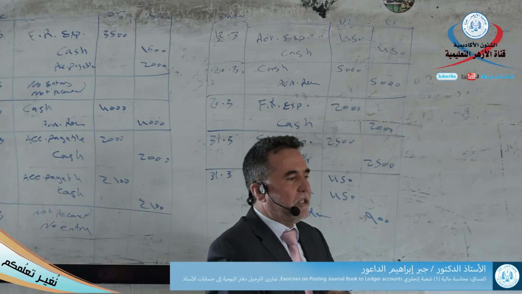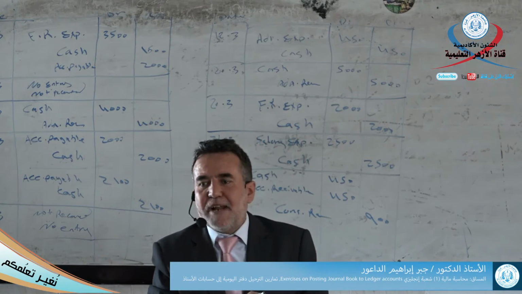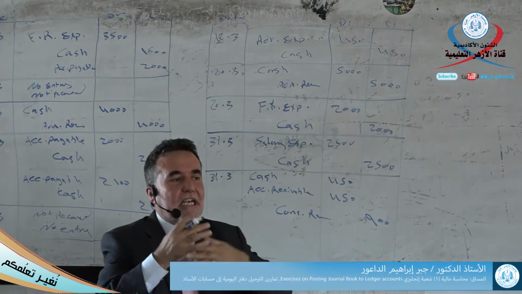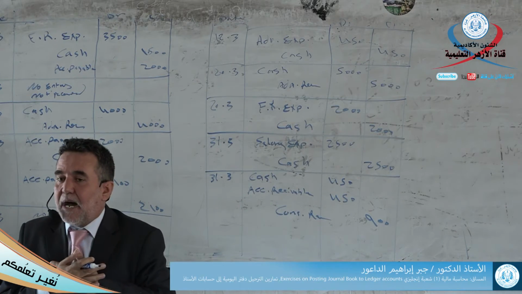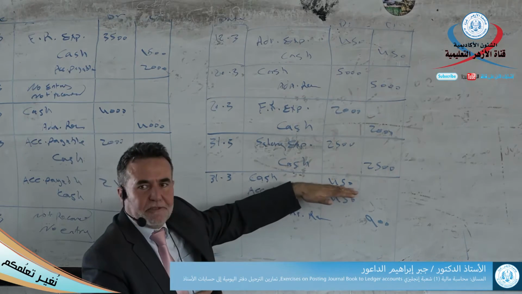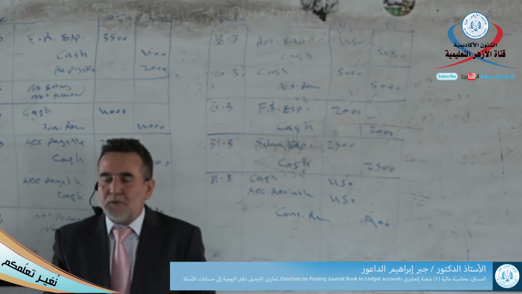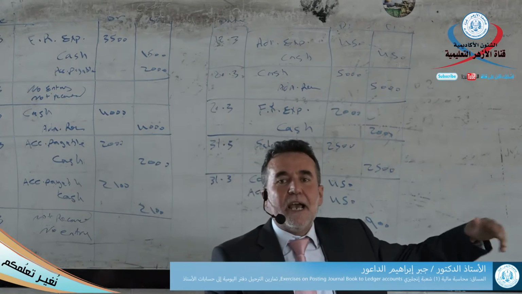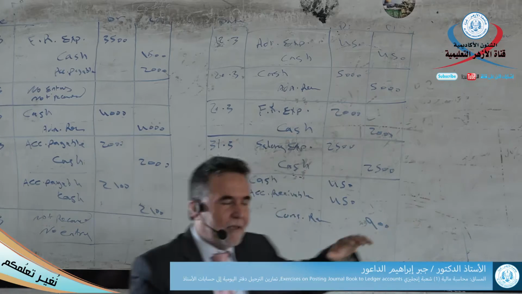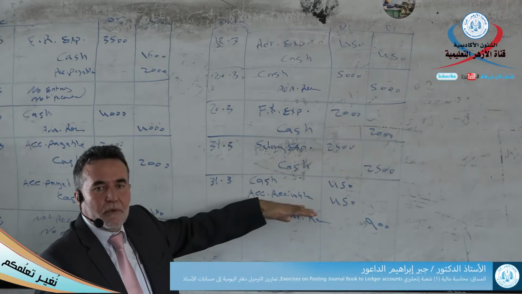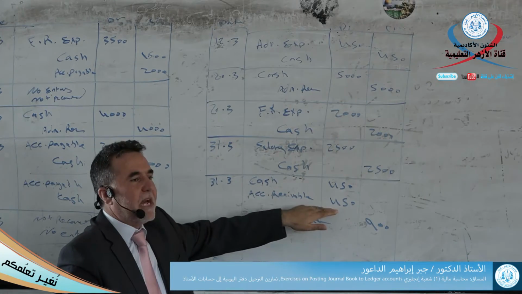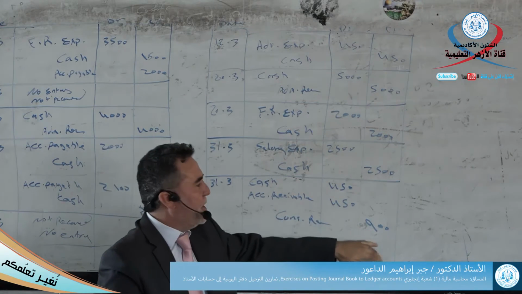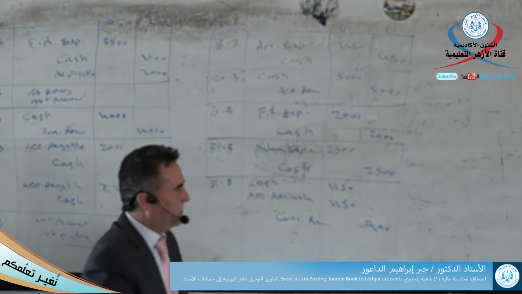So 1/2 of 900 it will be 450 cash. So my cash it will be increased by 450. And also the other amount he will pay in future. So account receivable 450 to concession revenue 900.